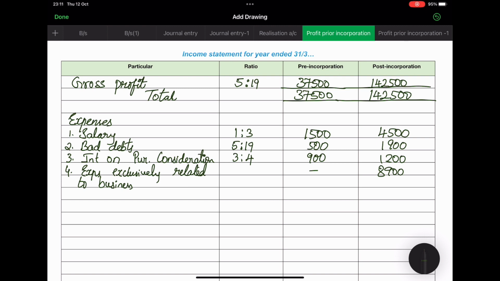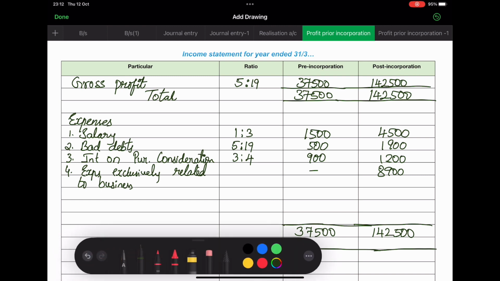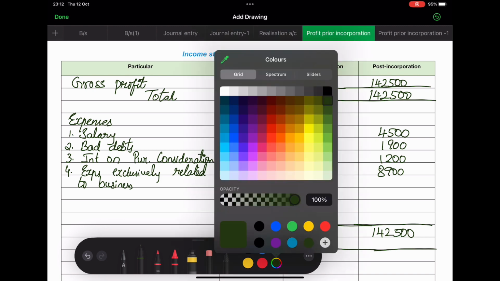Very easy, no need to get confused if you clearly understand the question. Now I'll write the total: same as above, 37,500 for pre-incorporation and 1,42,500 for post-incorporation.